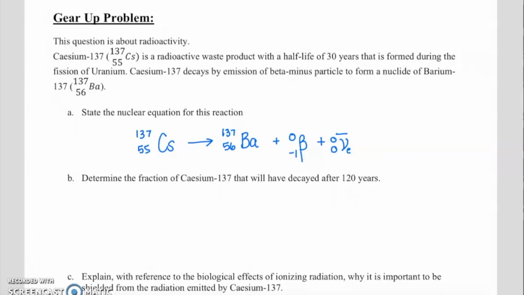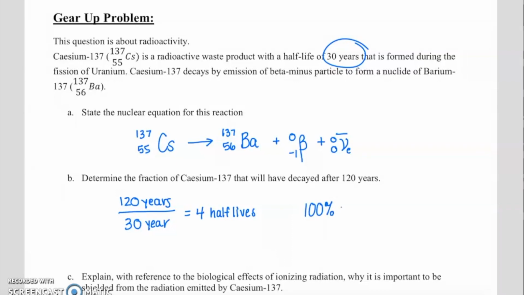For part B, determining the fraction of cesium that is going to have decayed after 120 years. I'm going to take that 120 years and divide it by the 30-year half-life that we were given in this problem. This tells me that 4 half-lives have passed, so 4 30-year periods. So I'm going to think through this. I started with 100% of my radioactive substance, and after the first half-life, I've decayed to 50%.